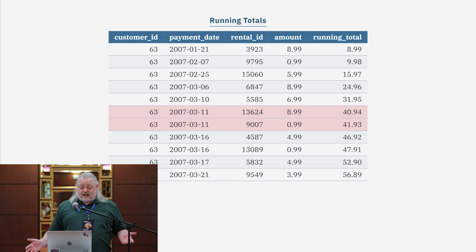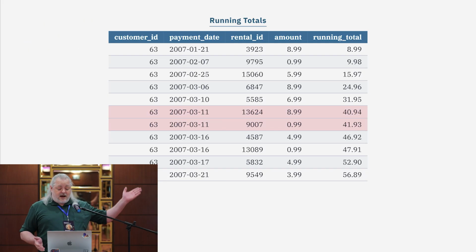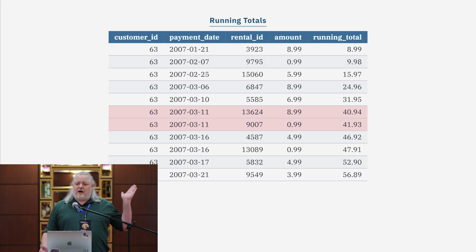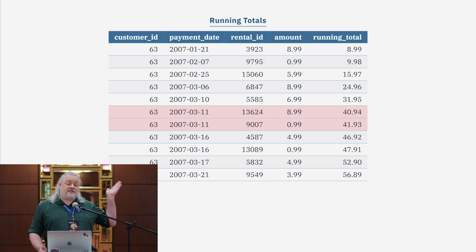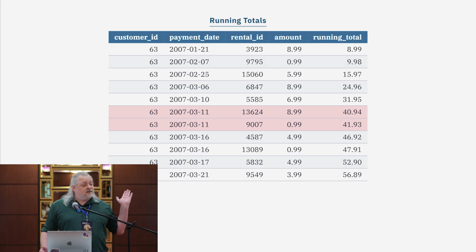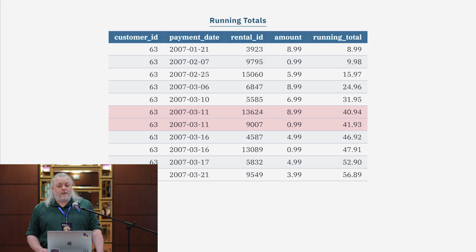And so this gives us the exact same thing, except now in payment date, we can see that there's no time component, so it's just dates going all through. Do you notice anything interesting about this example? Because this is why I changed to customer 63. What's happening here?